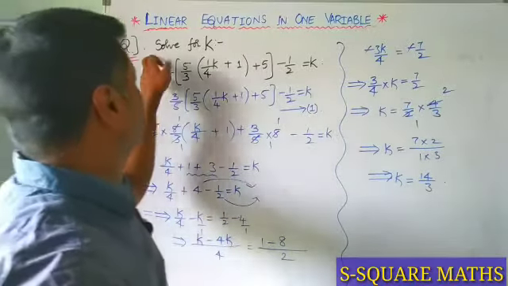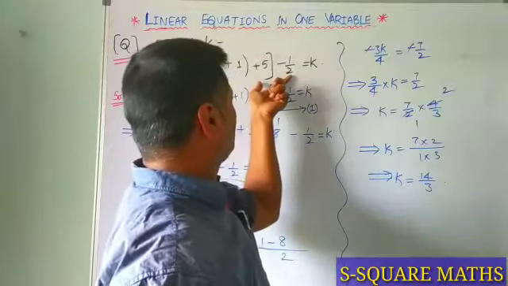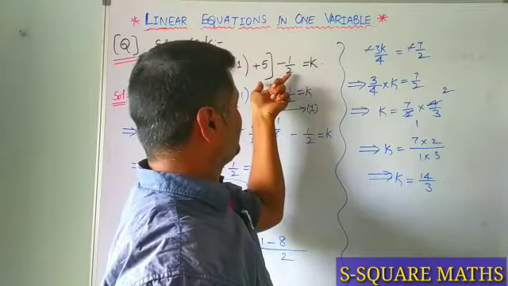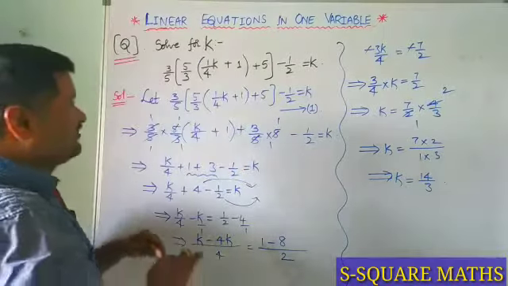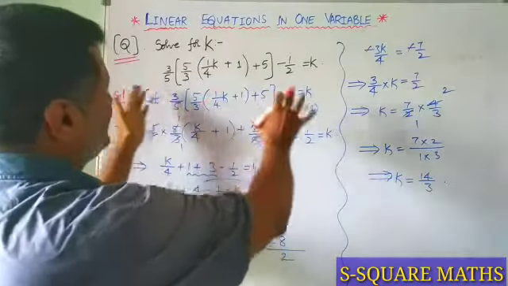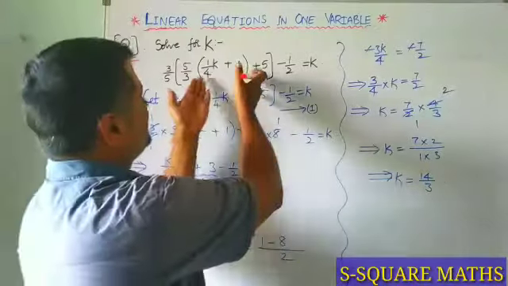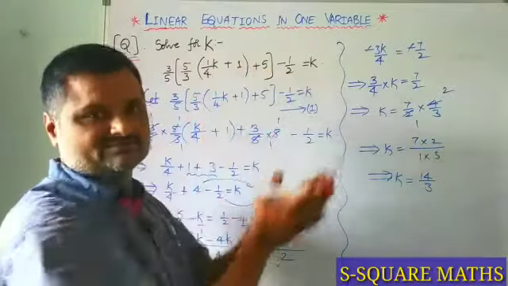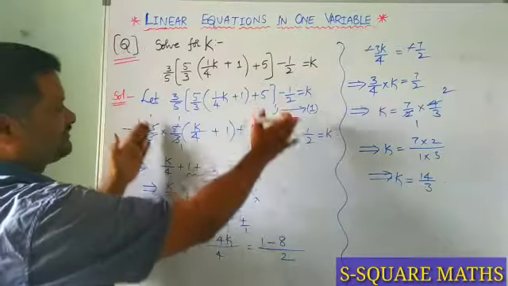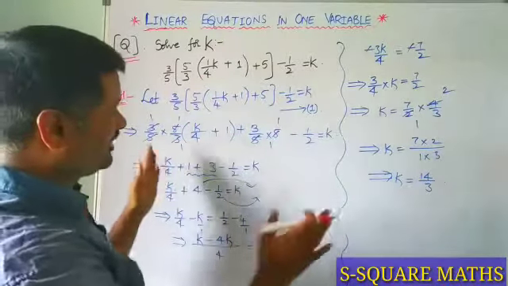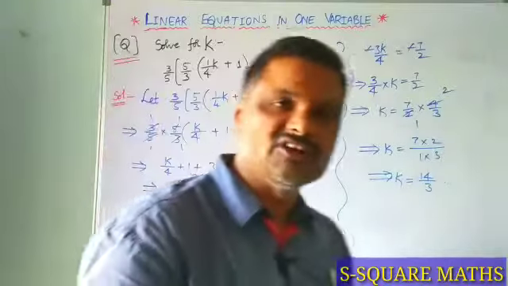So the value of the variable k of the simple equation is 14 by 3. So after seeing the question, don't quickly switch to the LCM part for the brackets, which is the lengthiest process. So go for the easiest one, step by step, with removal. This type of problems are said to be removal of the brackets.